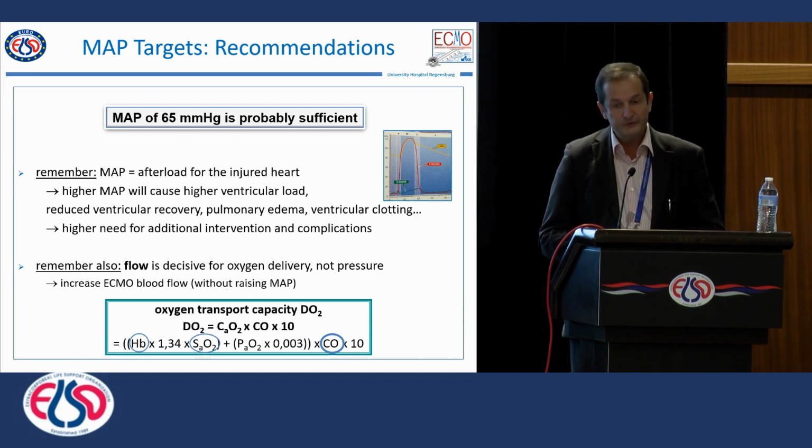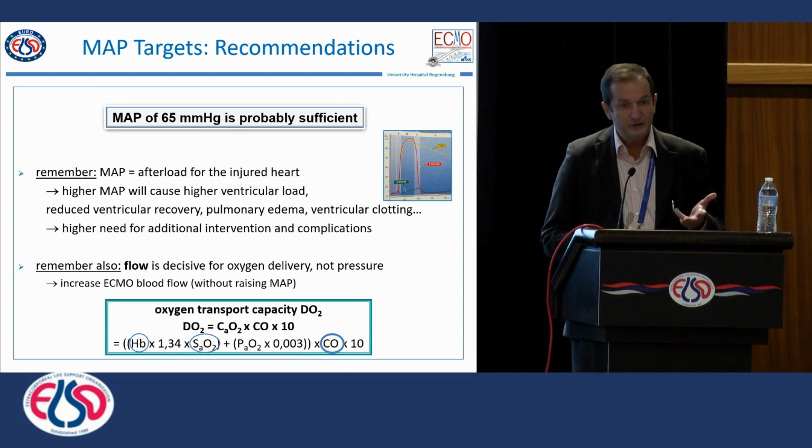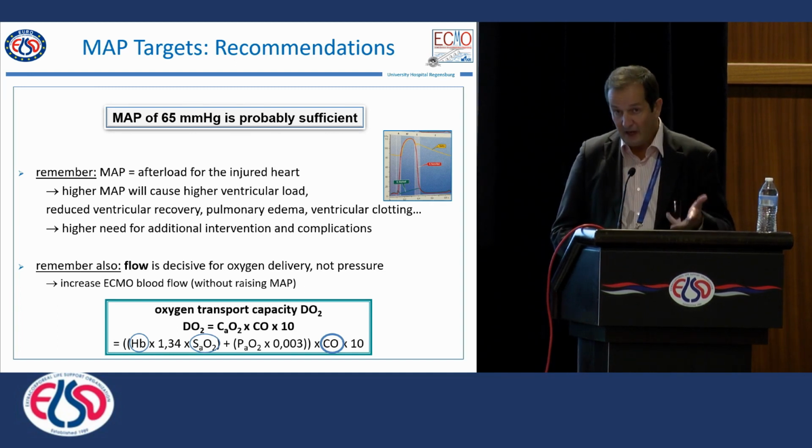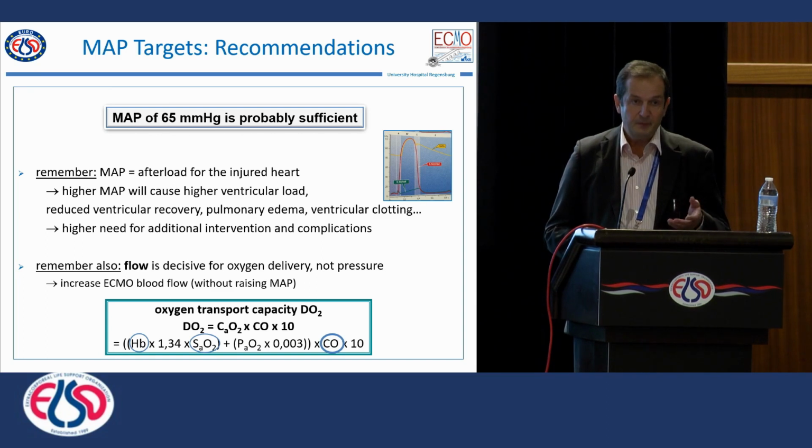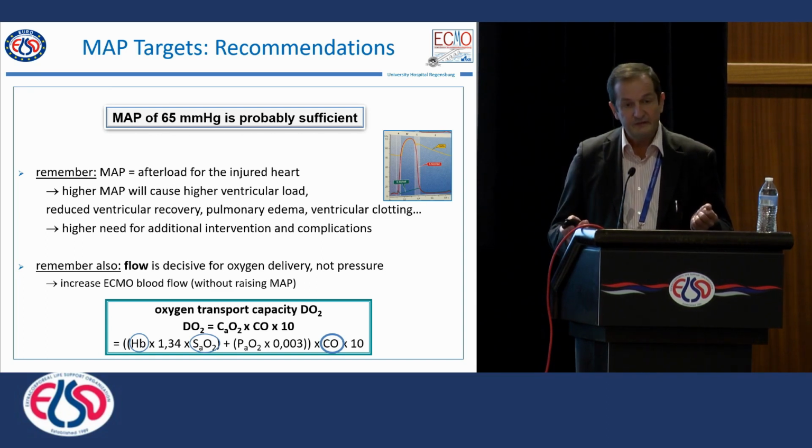You all remember oxygen transport capacity: hemoglobin, saturation, flow. So we have to aim at high flows, and I actually have to tell you it's difficult to measure whether we have sufficient flow, because these patients often have constricted vessels, and your ECMO may just pump 3 liters and you have sufficient pressure and you think it's enough.